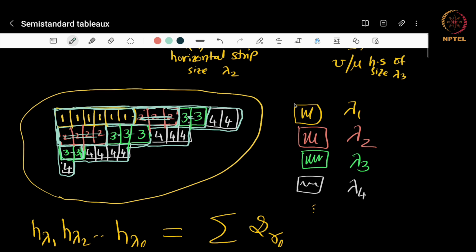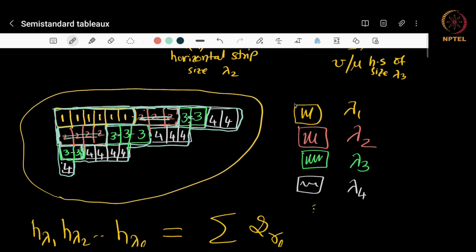So what that means is that along the rows, since I'm only adding boxes at every subsequent step, the numbers along the row will keep weakly increasing, which reflects the fact that they were added at subsequent stages, and the numbers along the columns have to be strictly increasing. Why is that? Because I cannot get a 2 and a 2 one below the other.